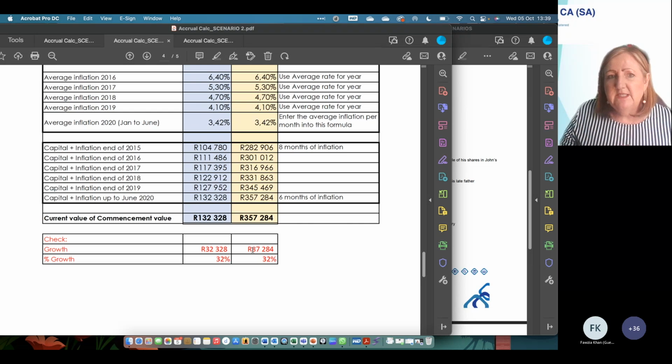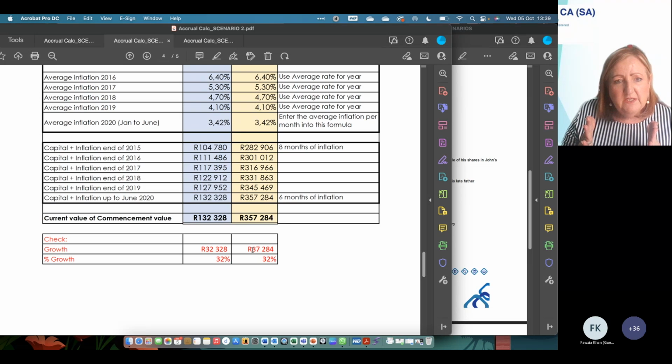So I've just put in a check there. I always do that, and that is maybe a tip for you guys as well. When you do these calculations, you'll see on the first screen there's also a check. It should be 0. Always have a double check to make sure that your amounts balance. So I wanted to check that the growth on both sides should be the same.